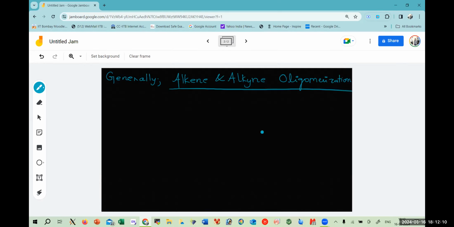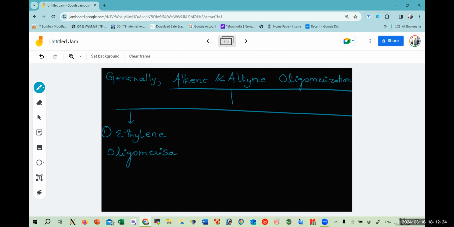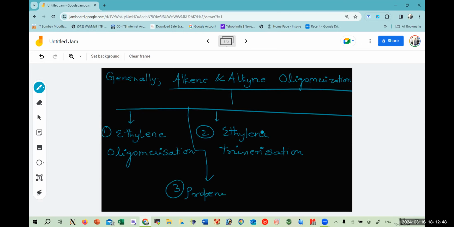This has been further classified into the main topics: ethylene oligomerization, which means the substrate here is your ethylene molecule. Second is ethylene trimerization. Third one, the way I've just written over there, propene dimerization.